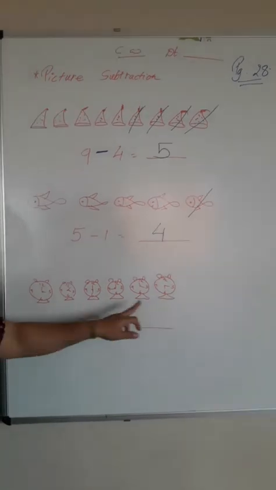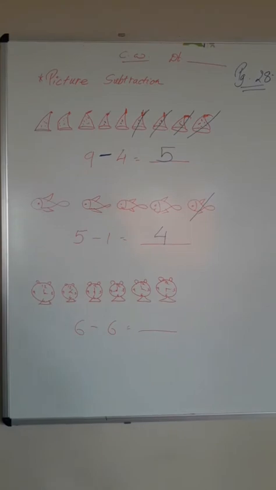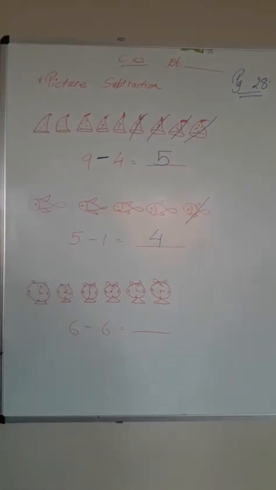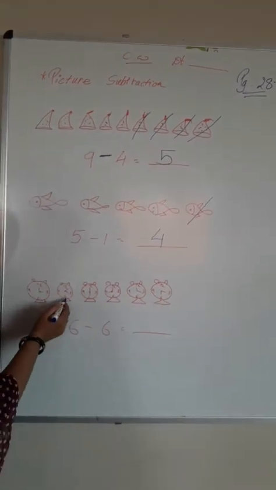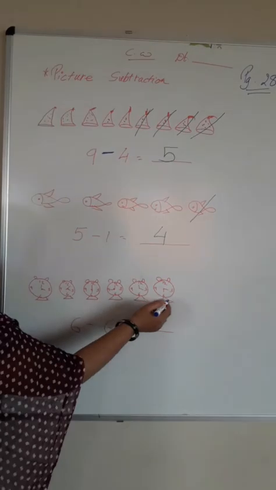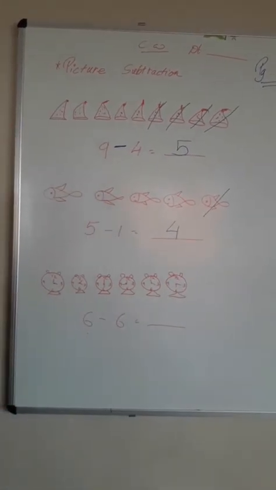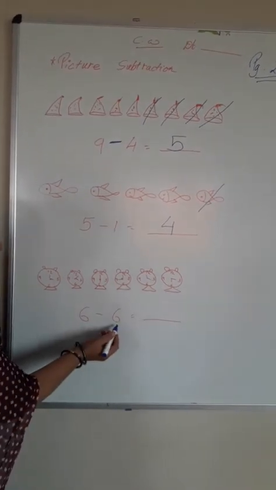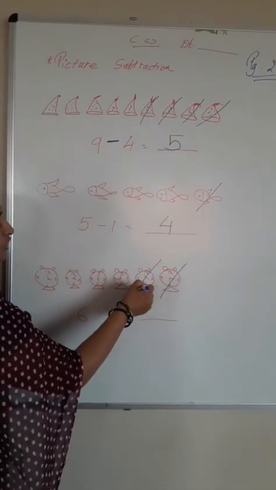Oh, these are clocks. Let's count how many clocks are in the shop. ये जो है वो clock की shop है. उसमें कितनी clock है shop के अंदर? Let's count. 1, 2, 3, 4, 5 and 6. There are 6 clocks in the shop. And one man is coming and buys clocks. He buys 6 clocks from the shop.